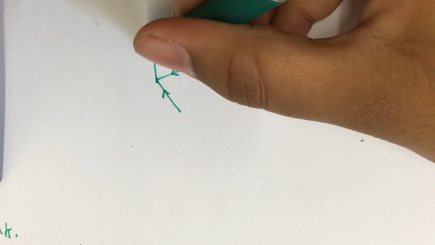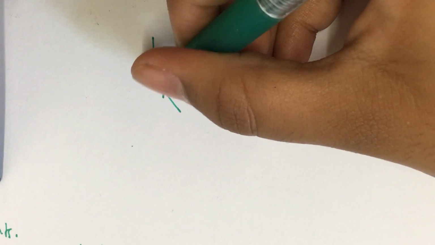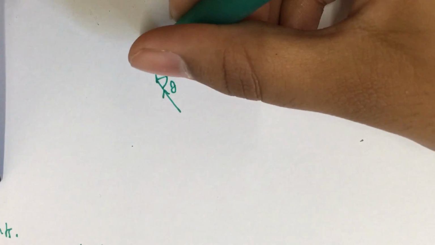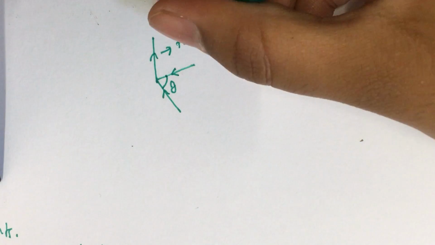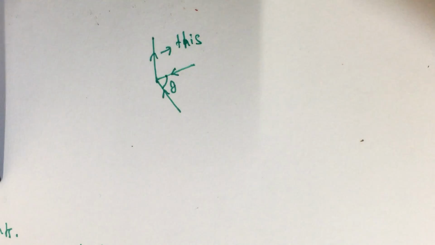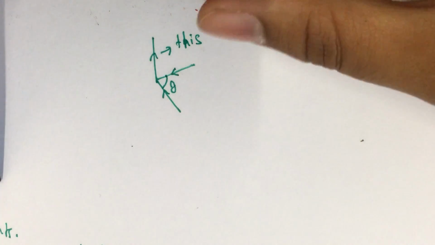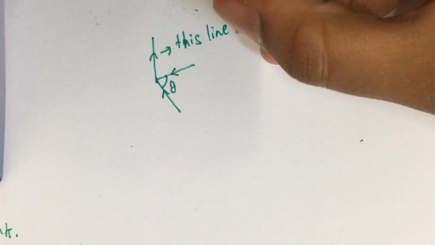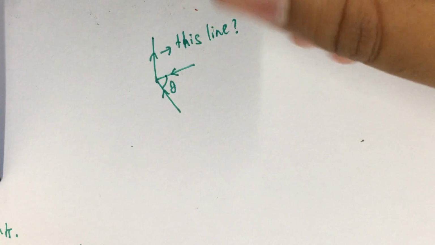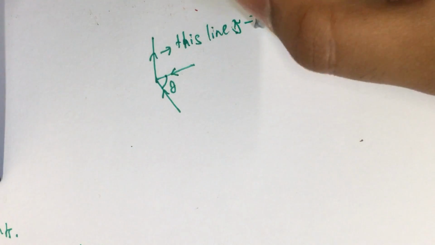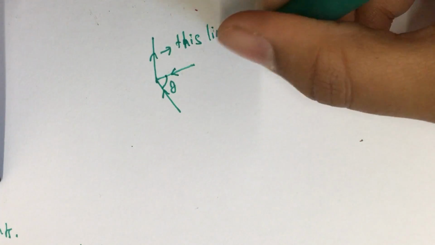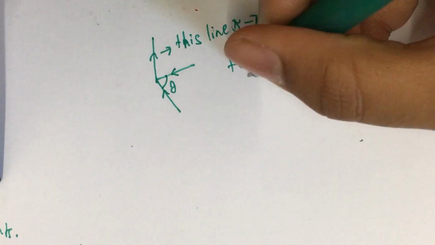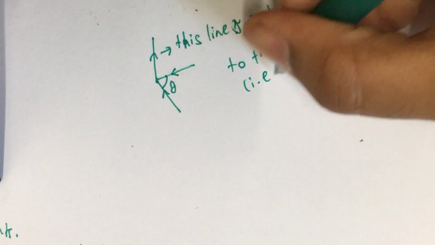If you have two vectors meeting at a point and you have a plane that connects both of them, in order to find the plane, you can use this line, because this line is perpendicular to that plane. So it could be used for that purpose. That's just a general idea of it.